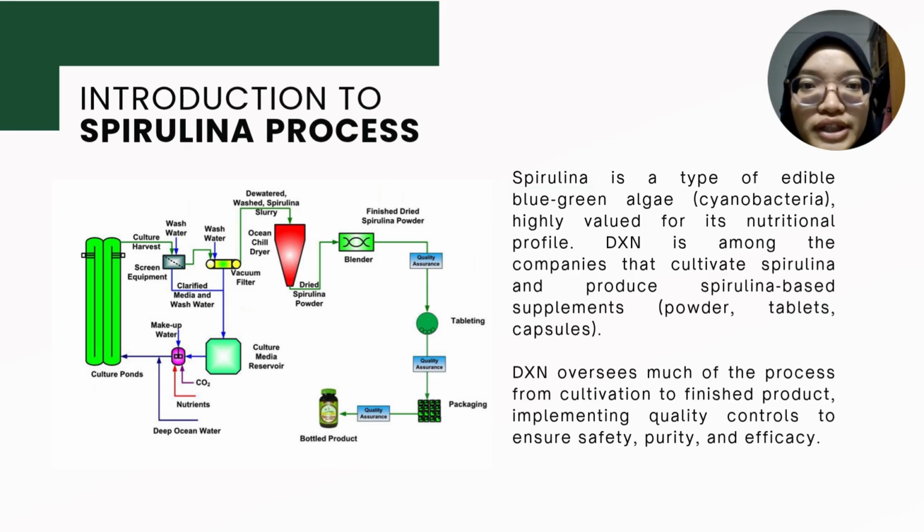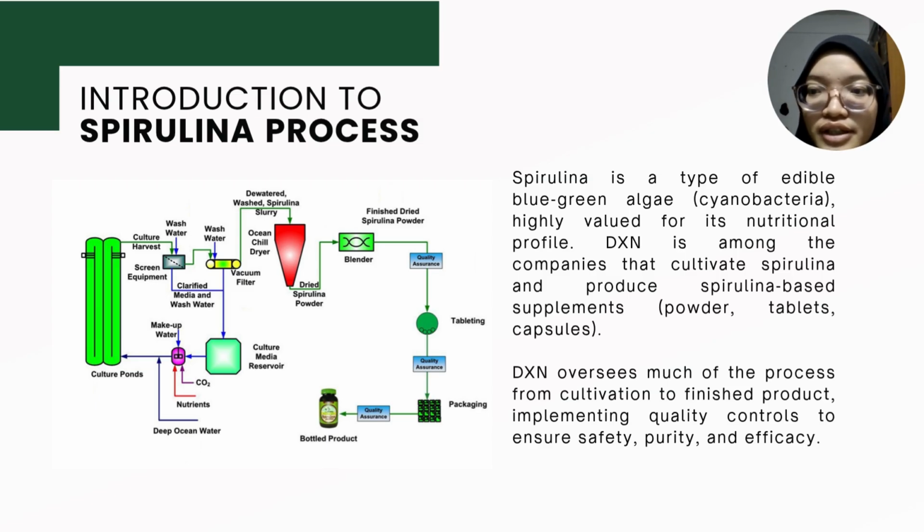Introduction to the spirulina process. Spirulina is a type of edible blue-green alga highly valued for its nutritional profile. Spirulina is rich in protein, vitamins, minerals, antioxidants, and essential amino acids.